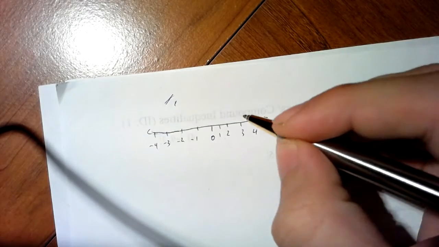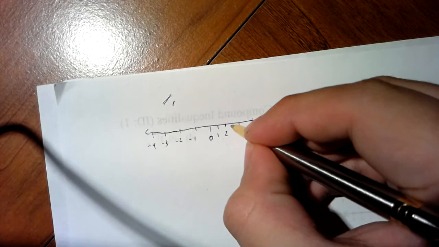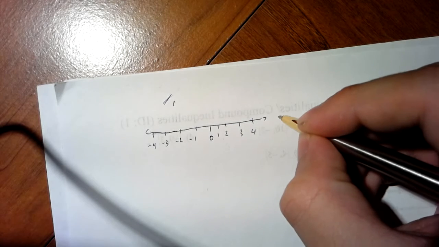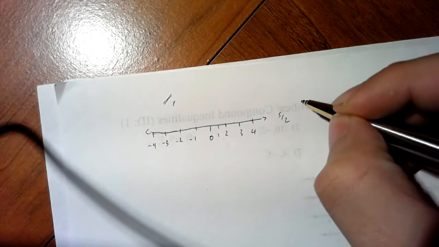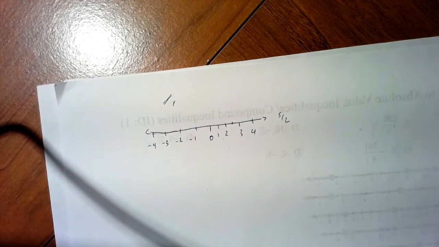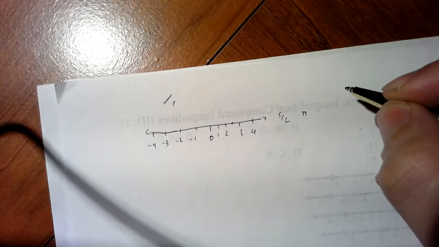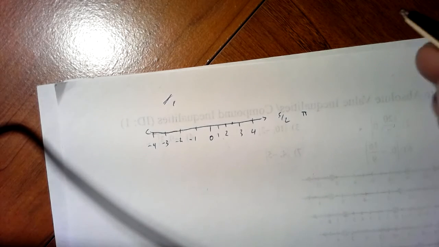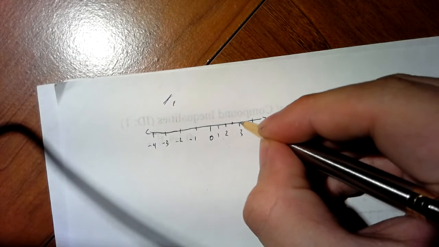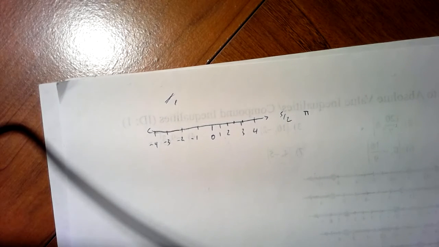You can think of any real number, so that could include decimals. If you wanted to write 5 halves, which is 2.5, that would be right here, a point in between 2 and 3. Pi is 3.1415926535 and so on, so that's very close to 3, so that would be a point pretty close to 3.